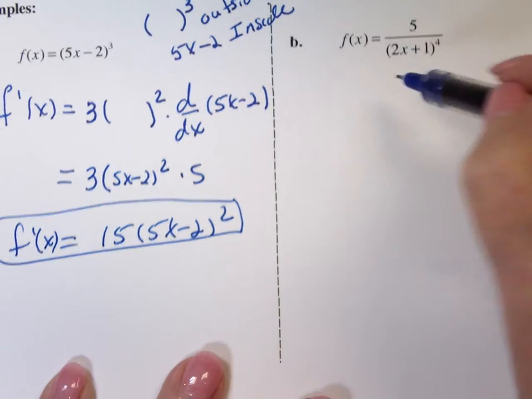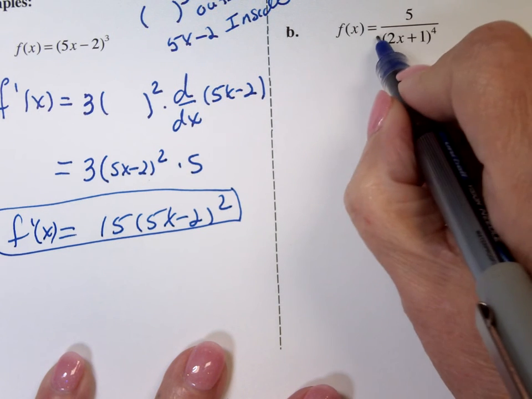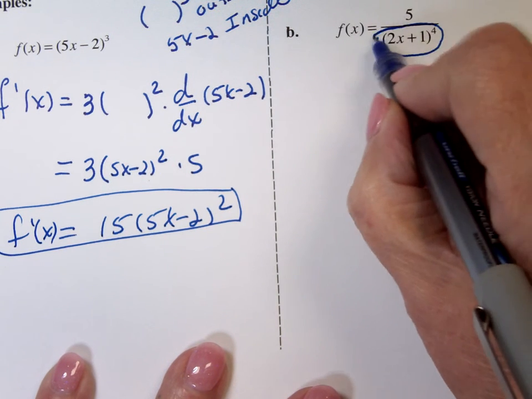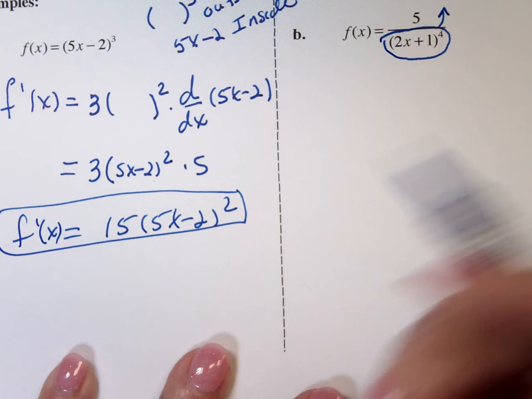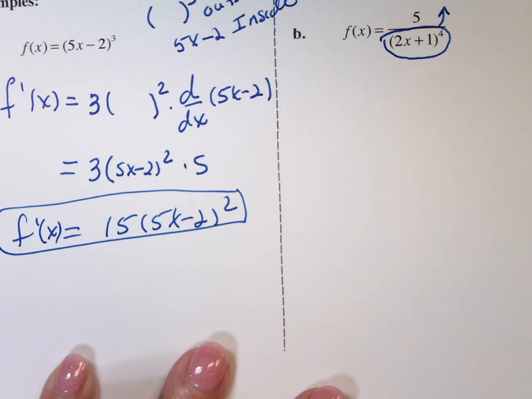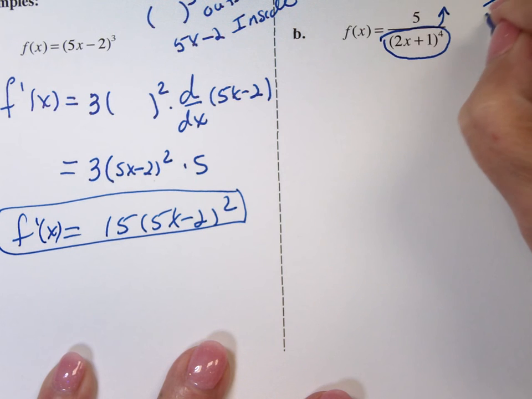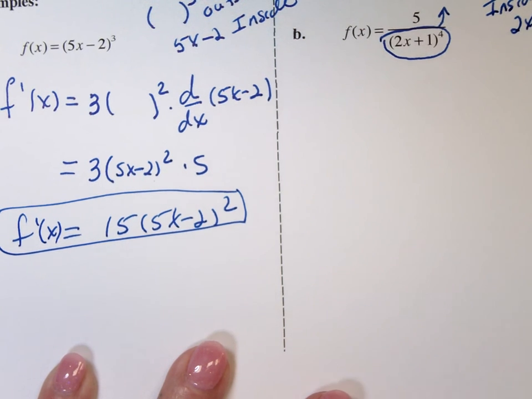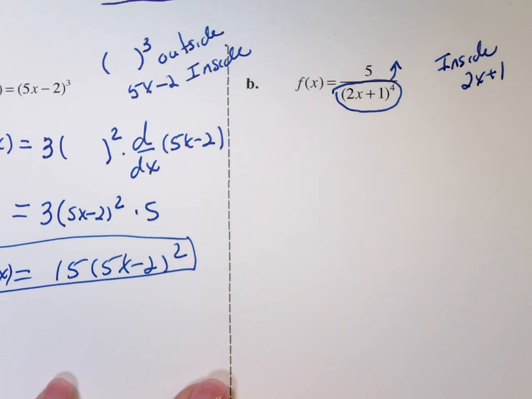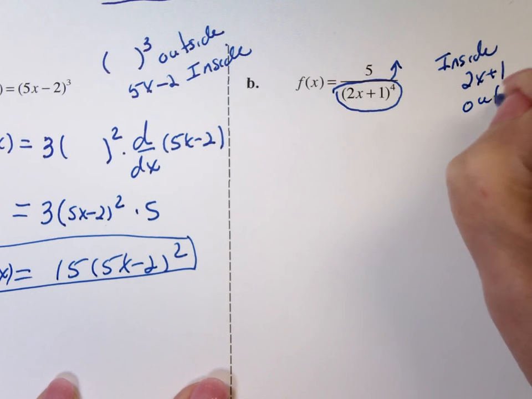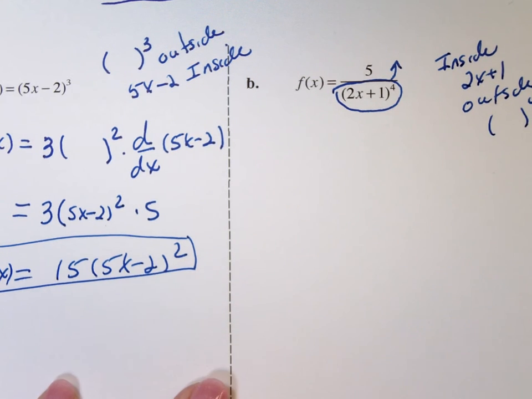Now, first thing I do with this one is, if that were just an x, I'd bring it up as x to the minus 4, right? And if I take a look, the inside is 2x plus 1, and the outside is parenthesis to the 4th. It's like having an x to the 4th.